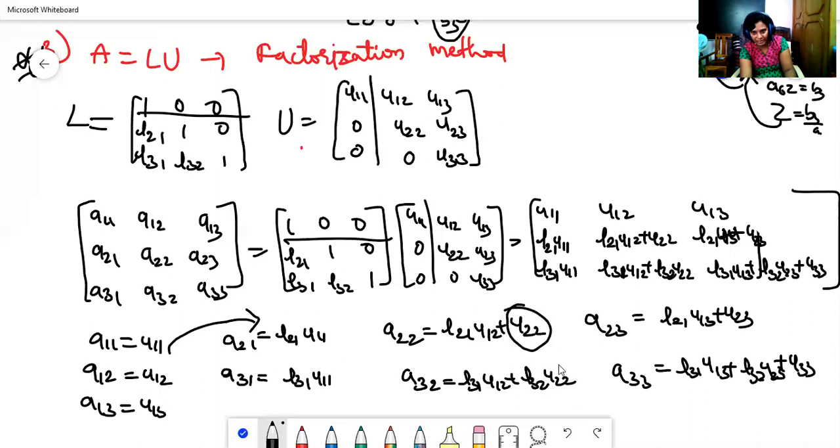This U22 substitute here, L31 and U12 substitute, we get L32. Solving all these equations, we get the L and U matrices. Those are non-singular matrices.